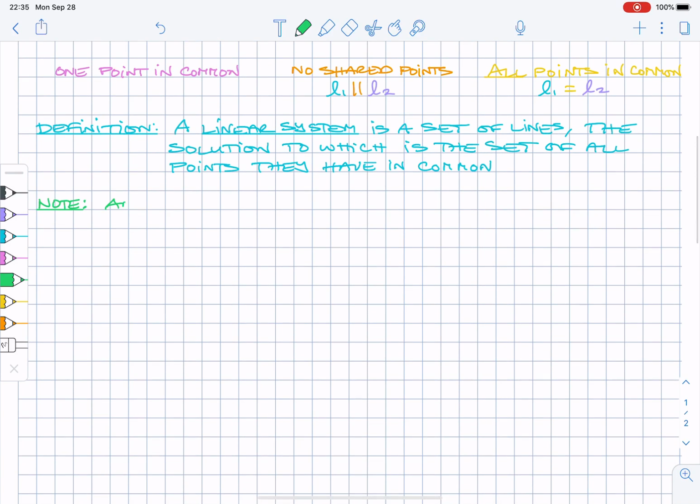So first, an independent system. So an independent system has a single solution, x comma y.